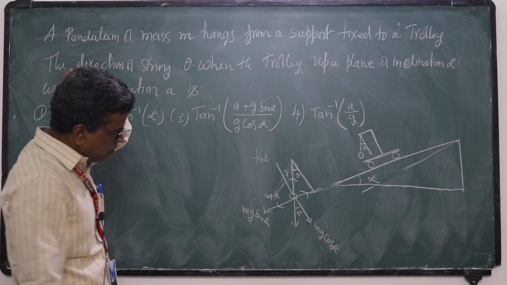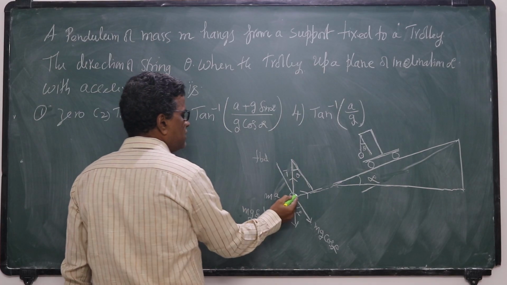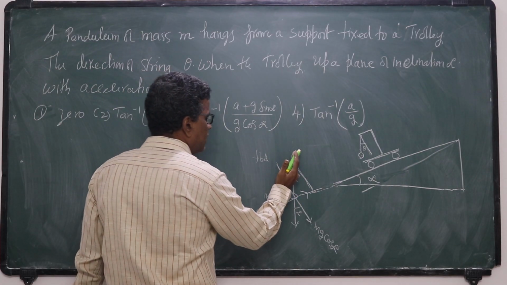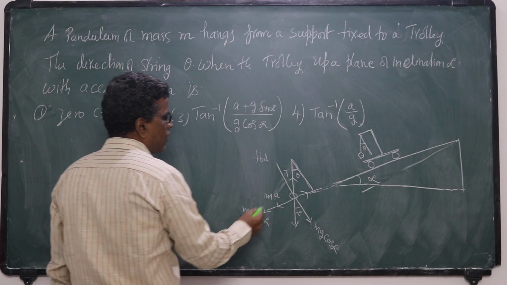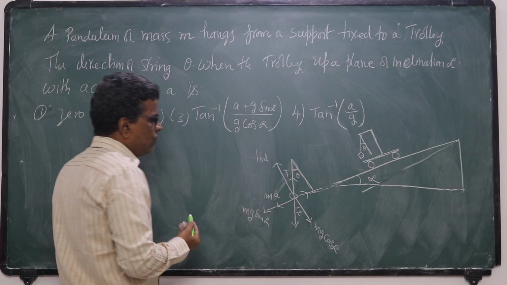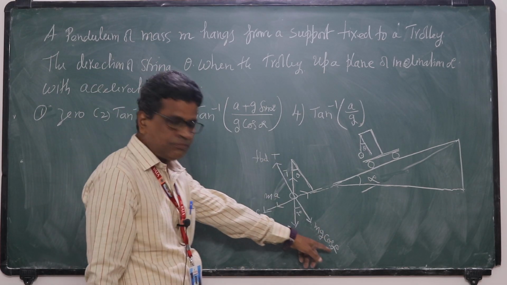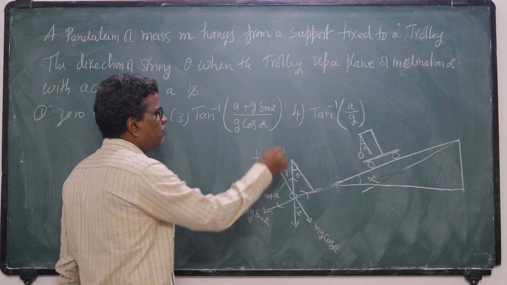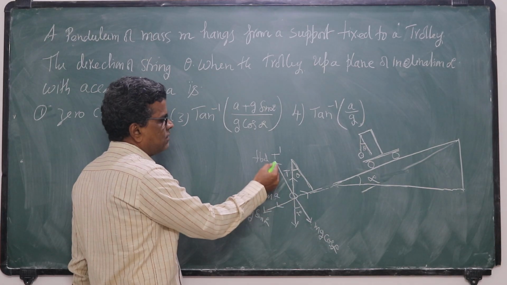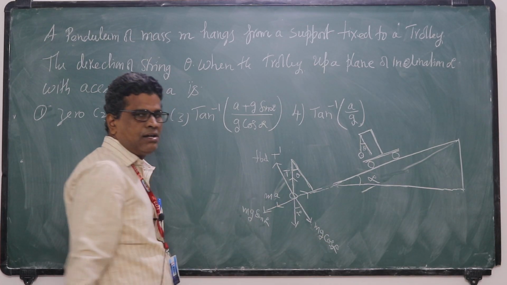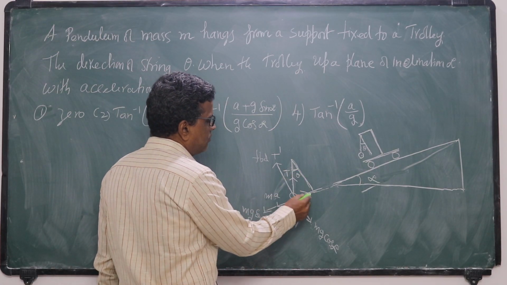So this tension component balances with mg cos alpha. T is the tension in the string, and the component of tension will balance with mg cos alpha. Clear?